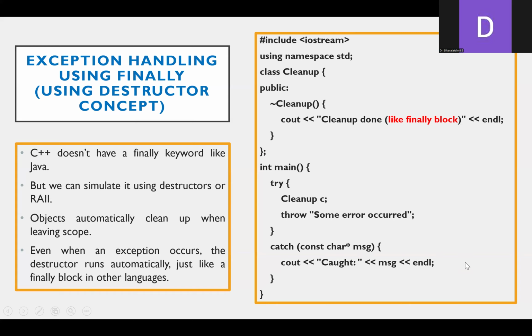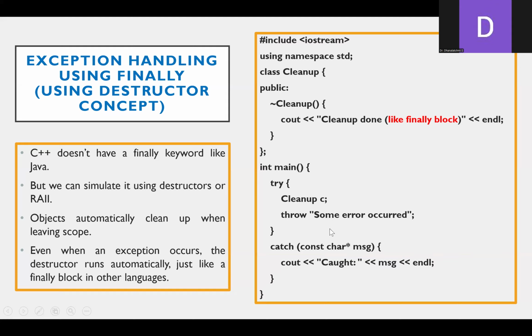The constructor of cleanup runs, but there's no custom constructor defined, so nothing prints. But at this point, c exists as a local automatic object inside the try block. And here an exception is thrown.